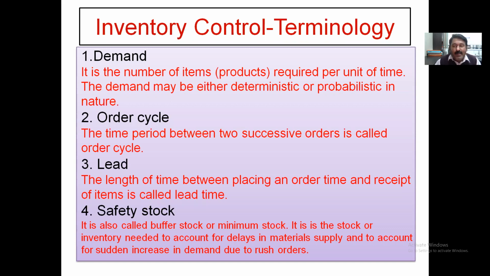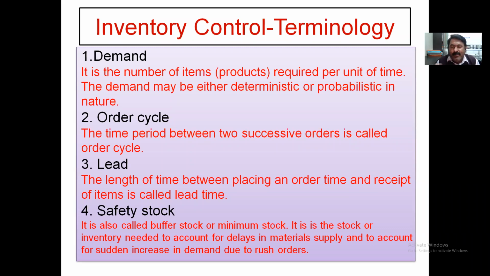So number one, demand. It is the number of items required per unit of time. The demand may be deterministic or probabilistic. We have discussed demand in detail in chapter number 2, forecasting. It is the quantity, the number of products required per unit time.